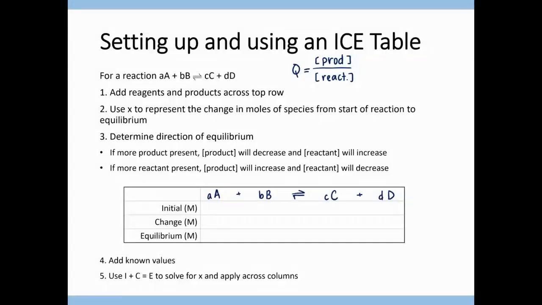So if more product is present, this means Q is greater than K, and then the product will decrease. We'll have negative X for products, and reactants will increase, positive X for reactants. And the opposite: if Q is less than K, the reaction proceeds to the right, adding product and subtracting reactant.